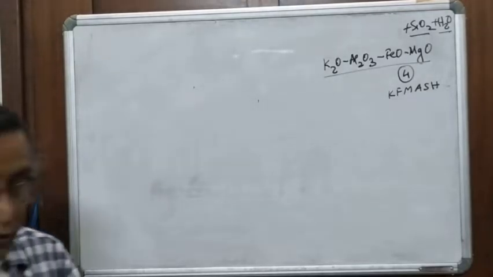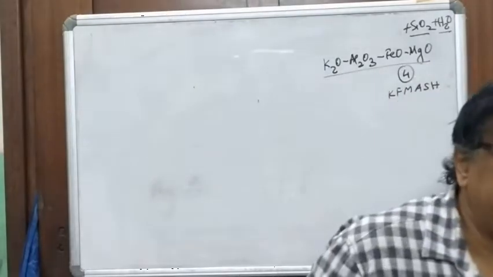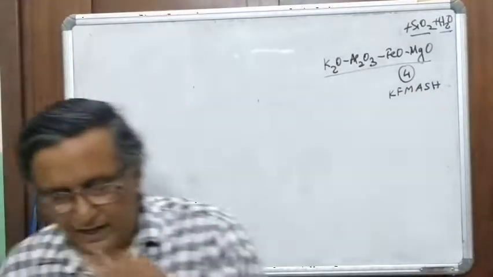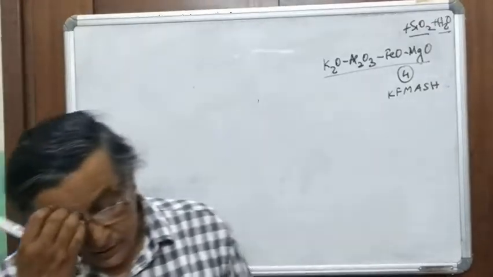Now I will write to you rule 5. I will read it slowly, it's a little big.